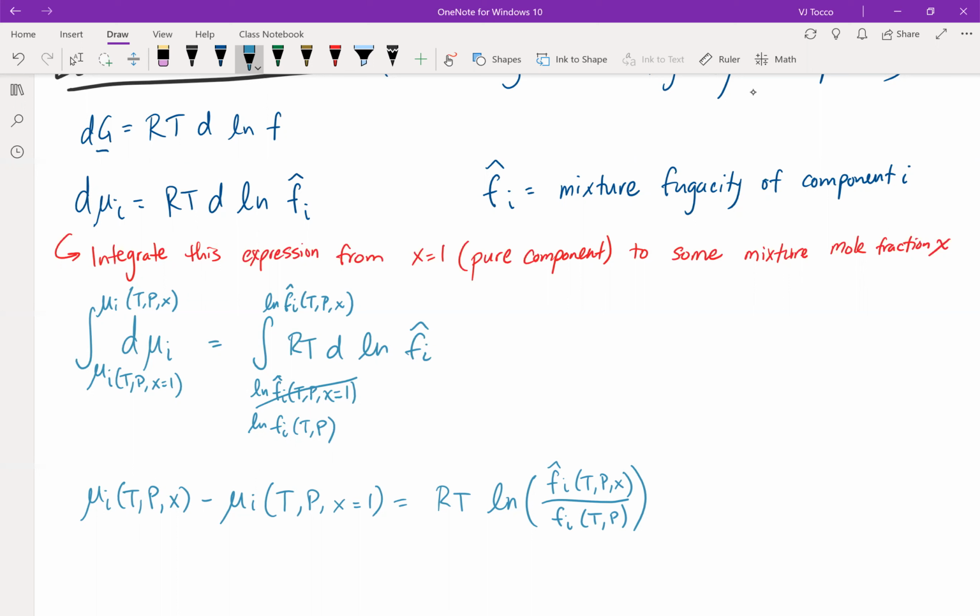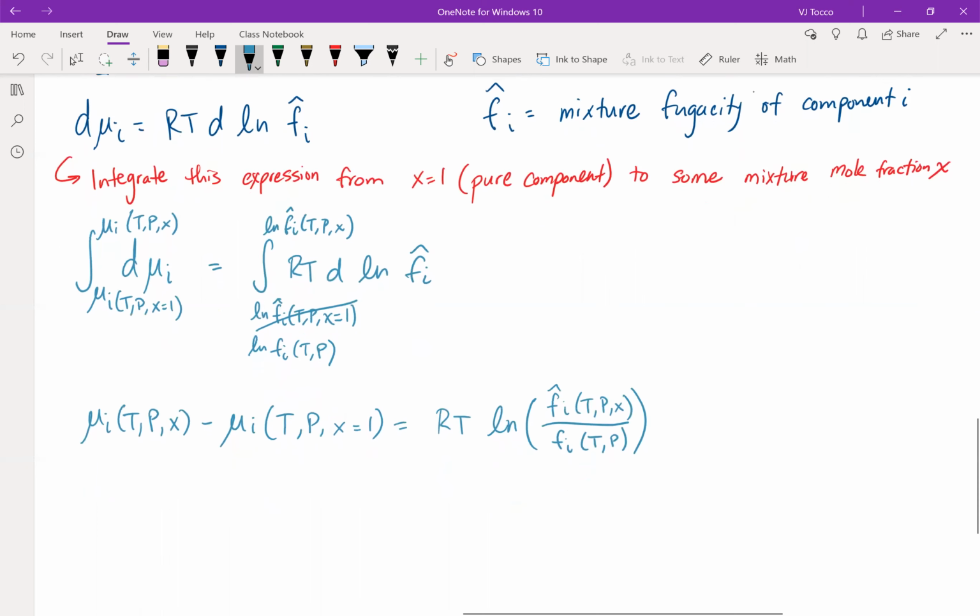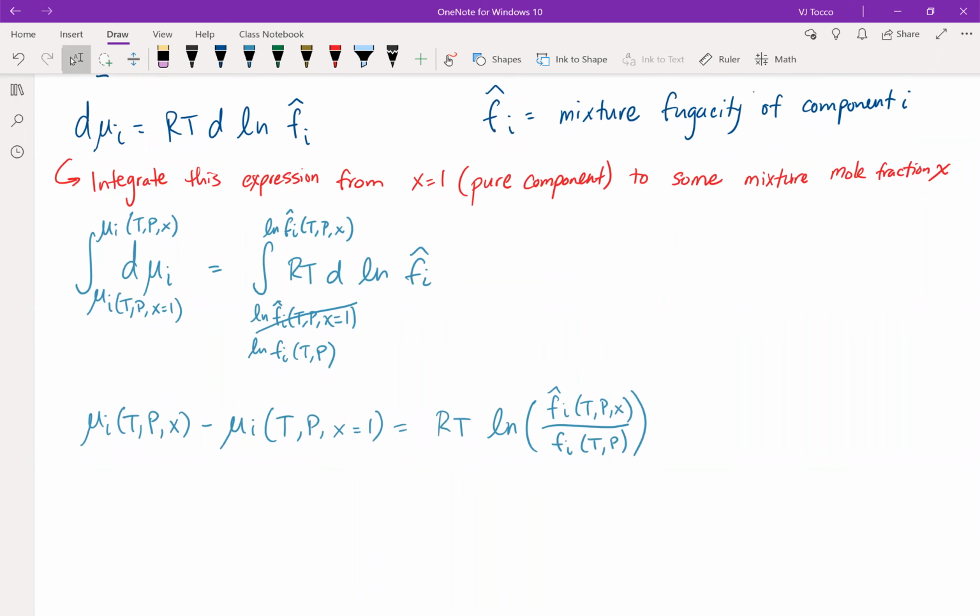All right, now it's confusing to have the chemical potential use the same symbol regardless of whether or not it's a mixture property. So let's go back a second and recall how we defined the chemical potential. Chemical potential is also known as partial molar Gibbs free energy.